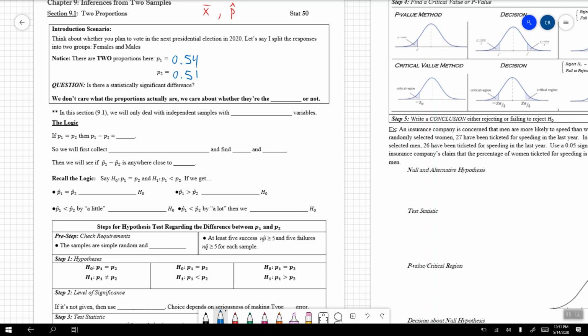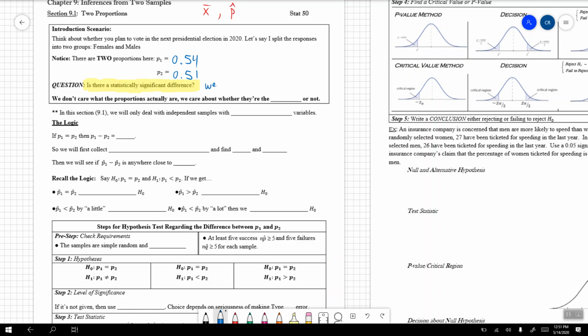All right, so the question then becomes: is there a statistically significant difference? Well, at this point in time, we can't exactly answer that yet because we don't know it. But this is one of those underlying questions that we want to pose, because at the end of the day, this is what we're going to be looking for. So is there a statistical difference?